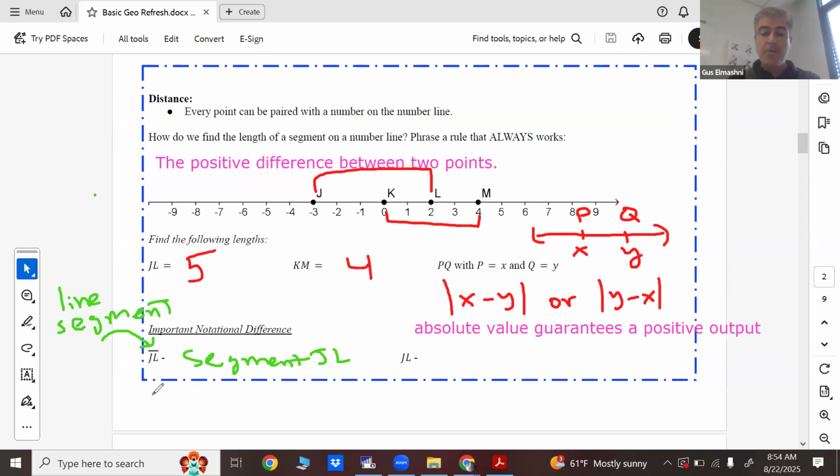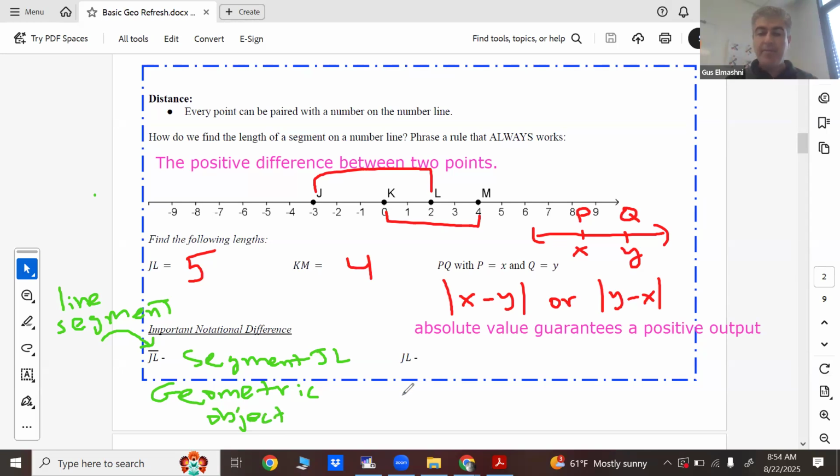So it basically represents a geometric object. So when you see that, when I say little bar JL, I'm referring to a geometric object. So when you see that again, think geometric object.